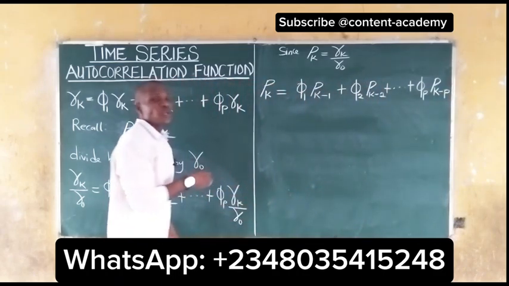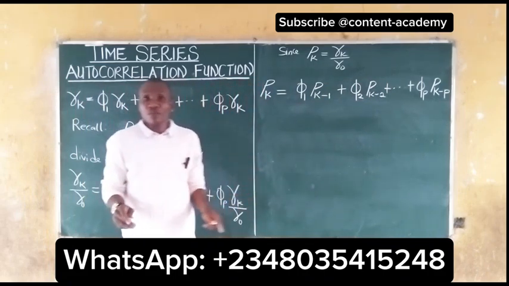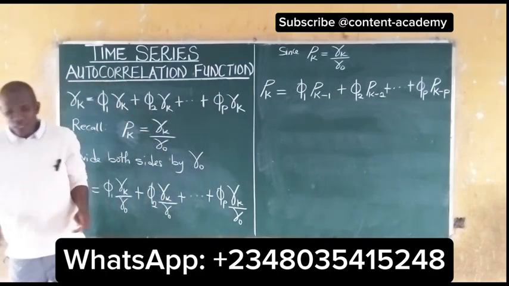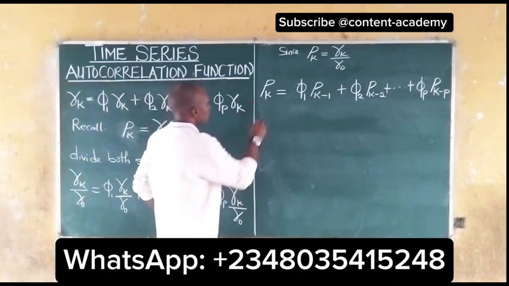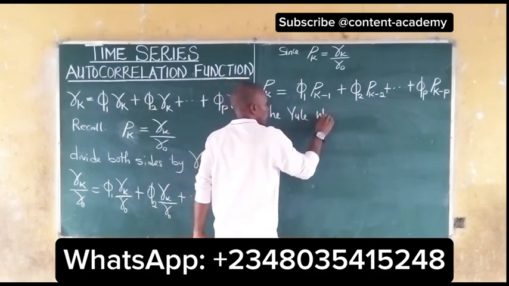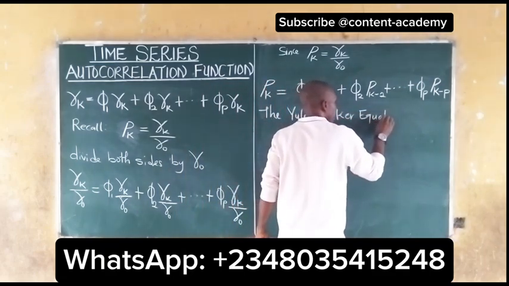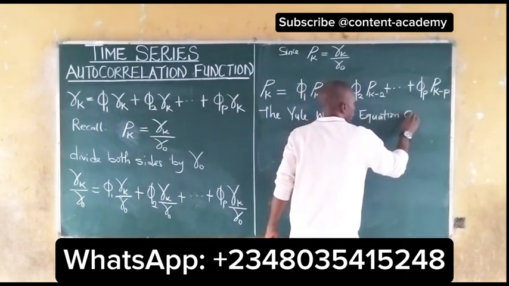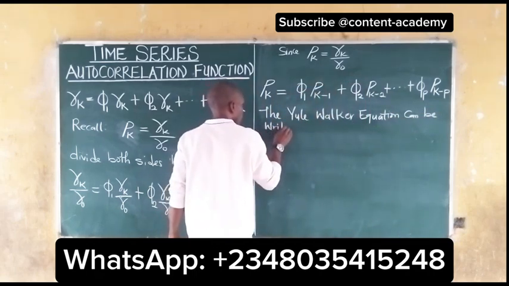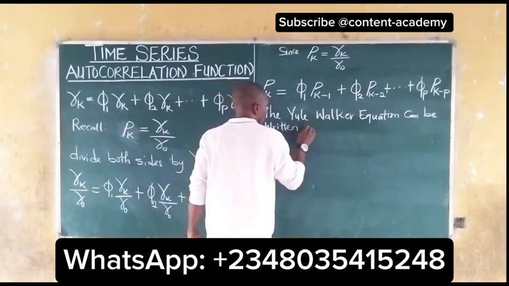So what do we need to do? We can now write the whole of this in matrix form. That means writing the Yule-Walker equation. The Yule-Walker equation can be written as follows.